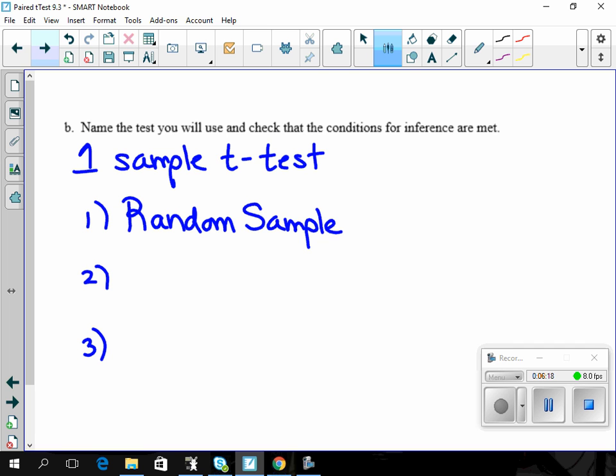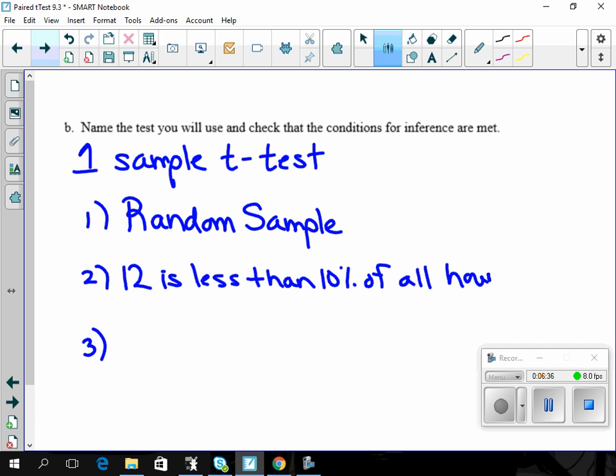Don't just say it is less than 10% or use some generic word. Use the number, n, okay? So we have to say that 12 is less than 10% of all hours the station plays music.